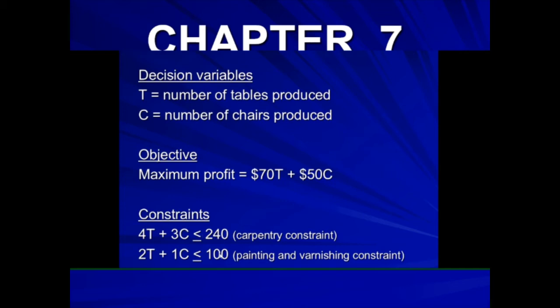The second constraint is the painting and varnishing constraint, which states 2T plus 1C is less than or equal to 100. It also implies that the hours of painting and varnishing time cannot exceed 100 hours per week.